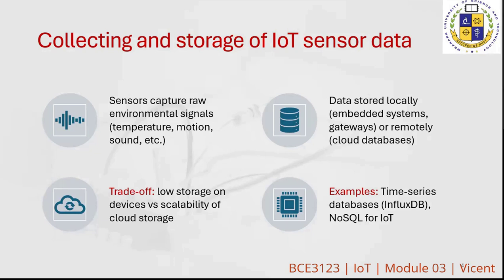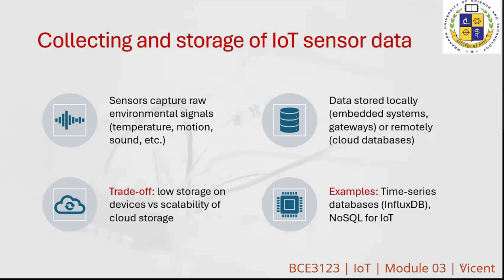Remember, we said you can store the data locally or you can store the data in the cloud. When you choose to store the data locally, then you use a memory. Last week we talked about EEPROM, which you should be able to explain: electrically erasable programmable read-only memory. Or you can also use SD cards, and you can also use microcontrollers.